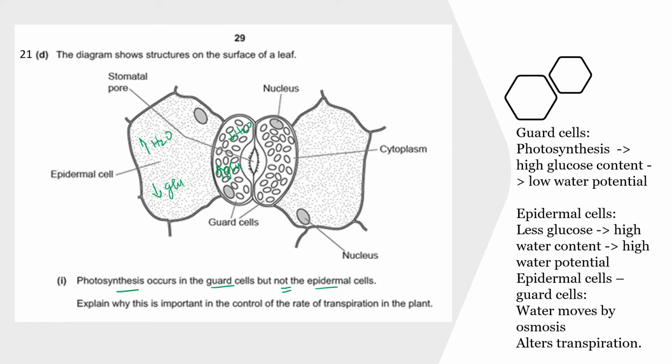That means a higher water potential in the epidermal cells than that of the guard cells. Therefore, water moves from the epidermal cells into the guard cells by the process of osmosis. So the process increases the turgidity of the guard cells and opens the stomata and thereby alters transpiration.